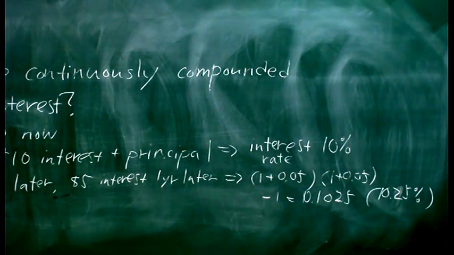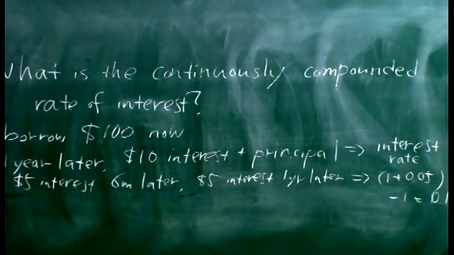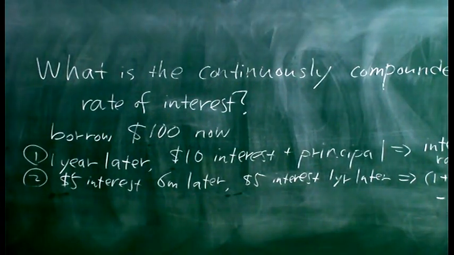Now let's make this example a little bit more complicated. Instead of paying $10 in 2 separate times, as in the second case, let's think about splitting $10 into more intervals.